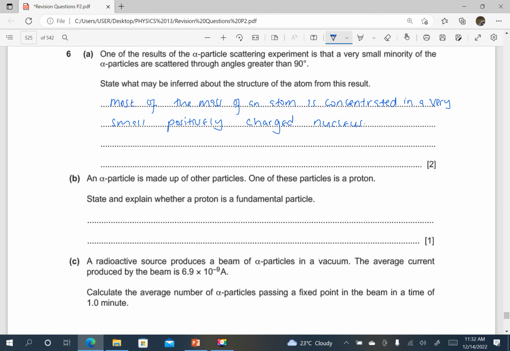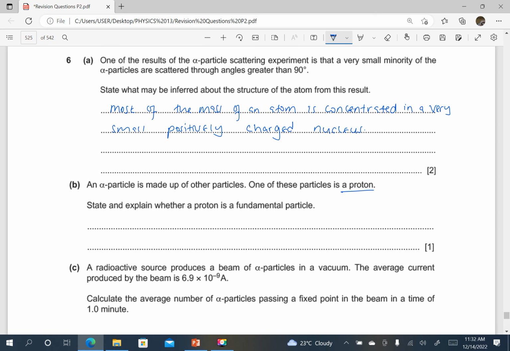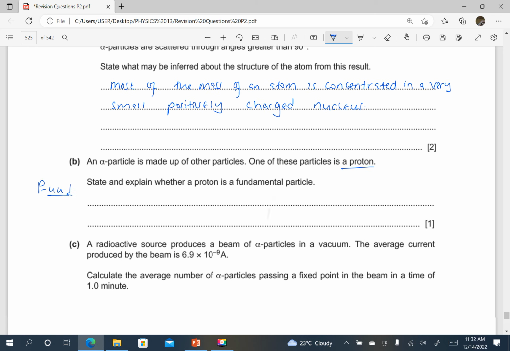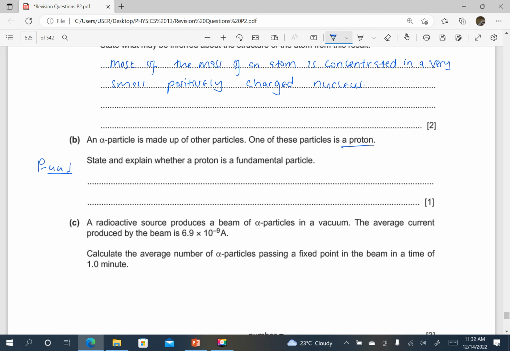An alpha particle is made up of other particles. One of these particles is a proton. State and explain why the proton is not a fundamental particle. Of course, we have already seen that a proton has other particles, which is up, up, down. These are quarks. So we cannot believe that a proton is a fundamental particle, because a fundamental particle cannot be broken down into something simpler. It is the smallest that we have.